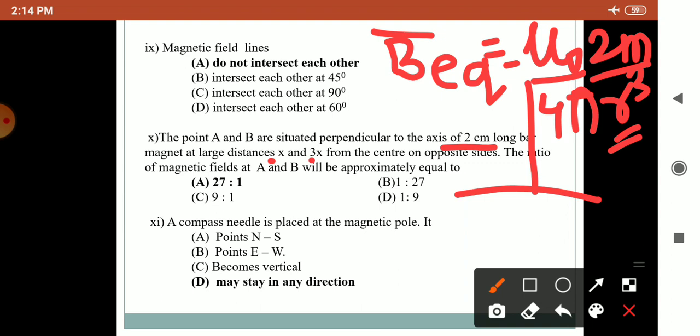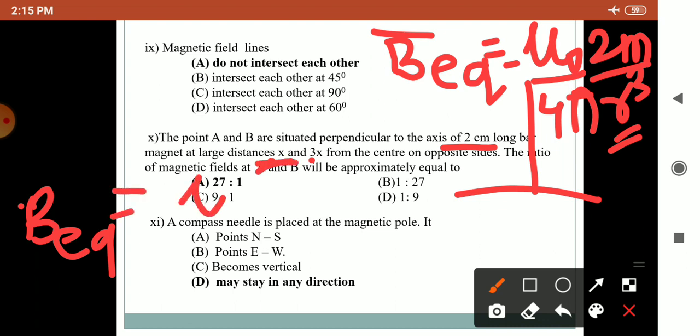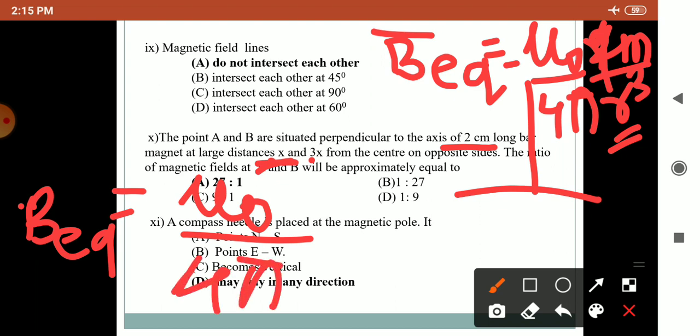How to compare here? B equator at x will give mu 0 over 4 pi, m upon r cube. Here it will not be 2, so in this formula 2 is not there, 2 will be in the axis formula.